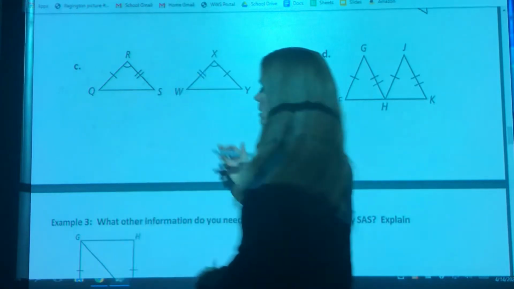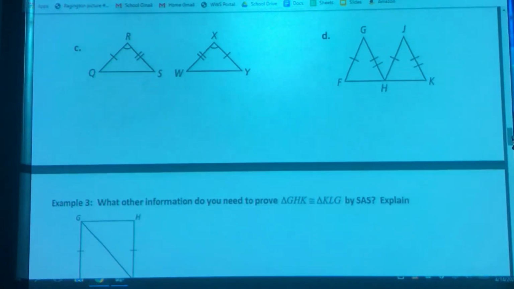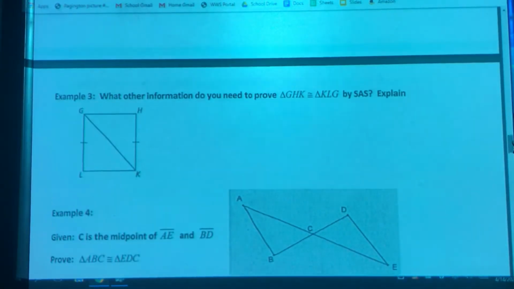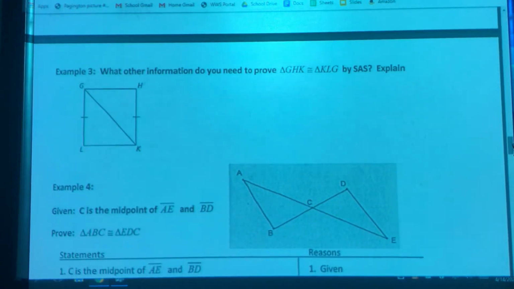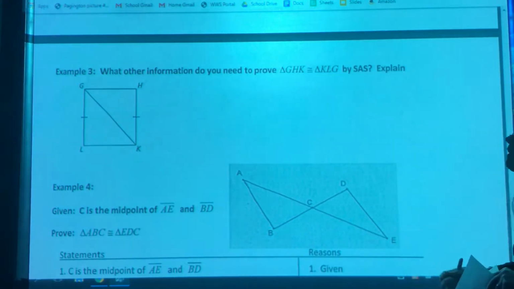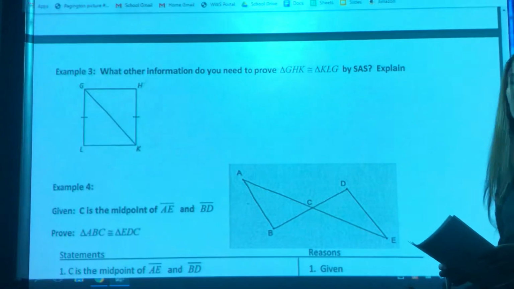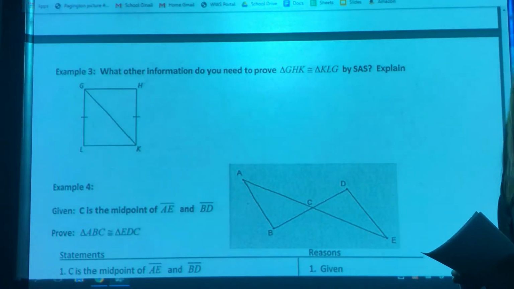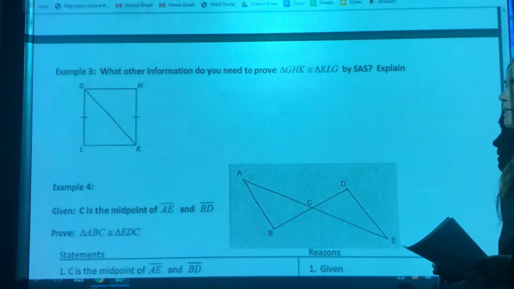We look at example 3. That is one that is not approved, so we'll go ahead and take care of that. So example 3 says, what other information do you need to prove triangle GHK is congruent to triangle KLG by side angle side, and explain?